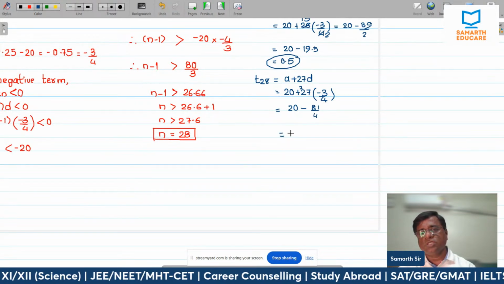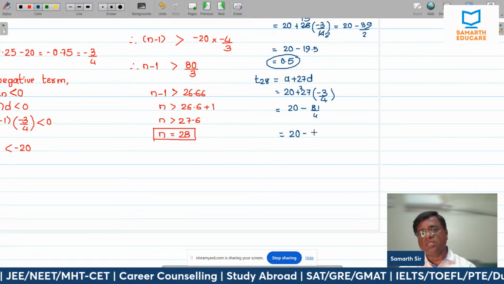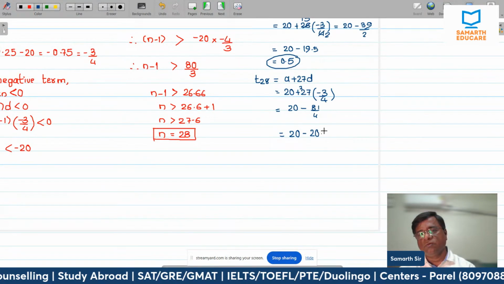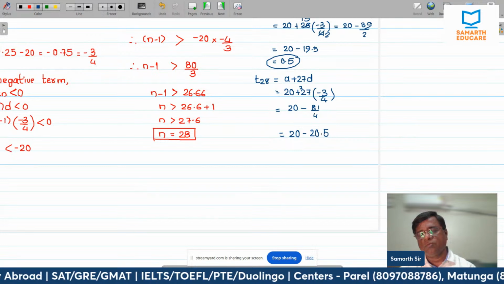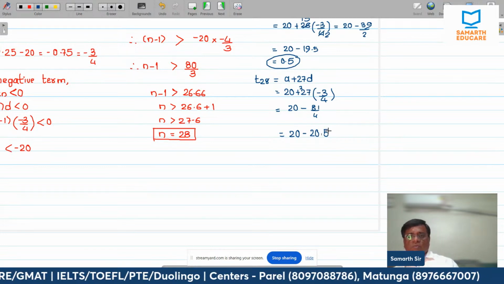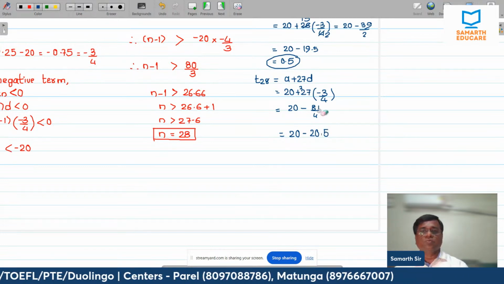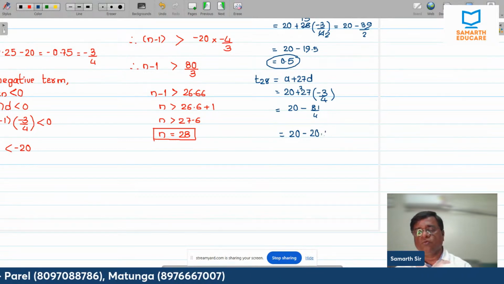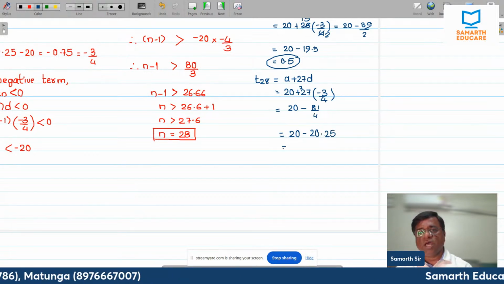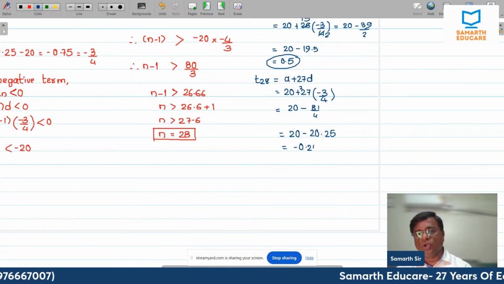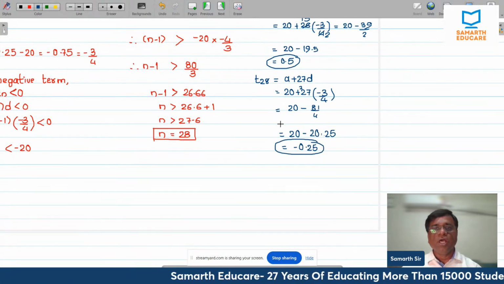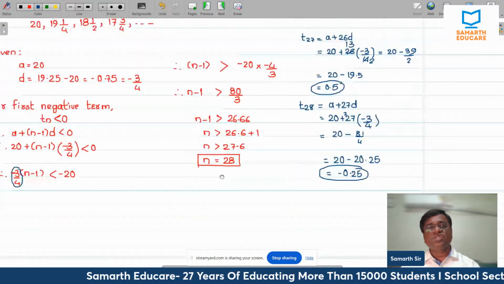So you see this, 20 minus 81 by 4 comes to 0.25. That means the value here is minus 0.25. Now, this is the first time it is becoming negative. Can you see this?